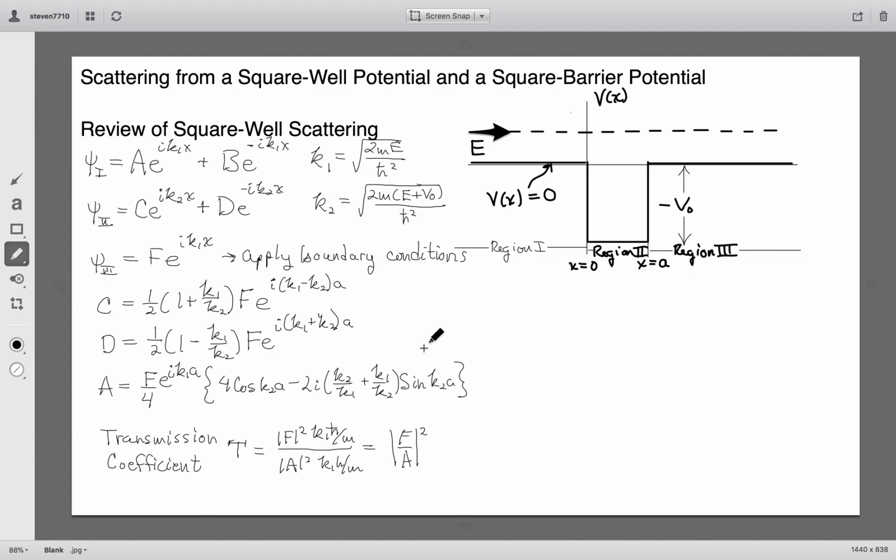So as we skip to the end, we find that the transmission coefficient is this very interesting function here.